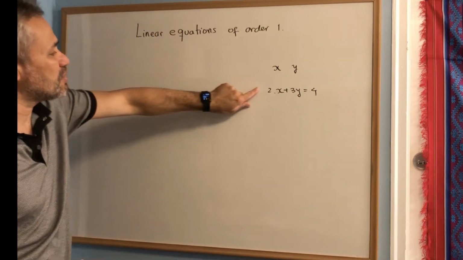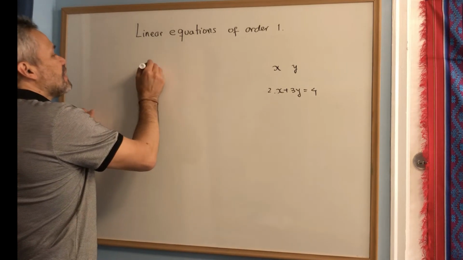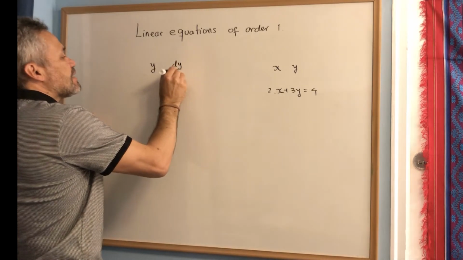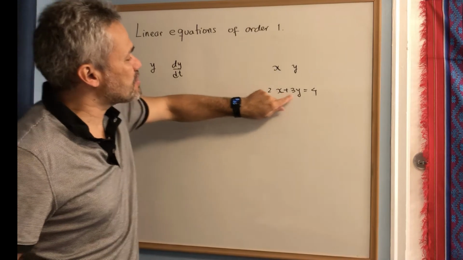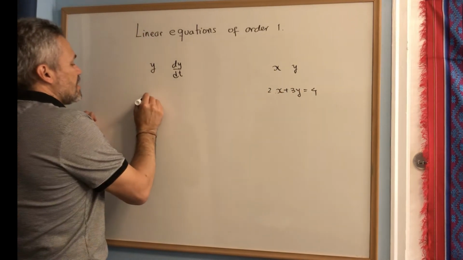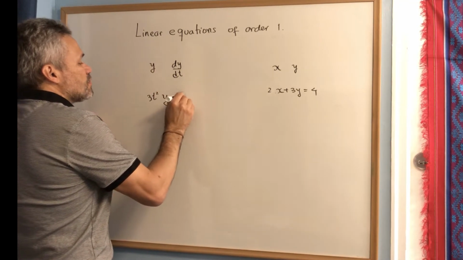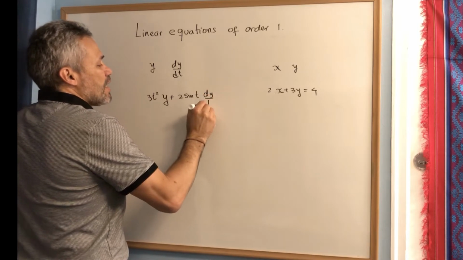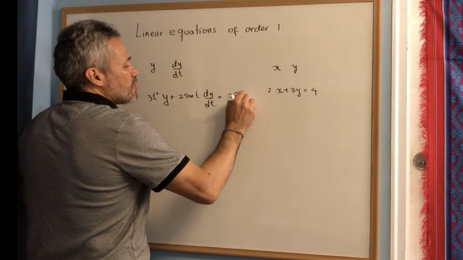When we think about a differential equation of order 1, to decide if it is linear, the variables are going to be y and dy/dt. And the coefficients, instead of being numbers, could be functions in terms of t. Then we can have something like 3t squared y plus 2 sine of t dy/dt equal to cosine of t.